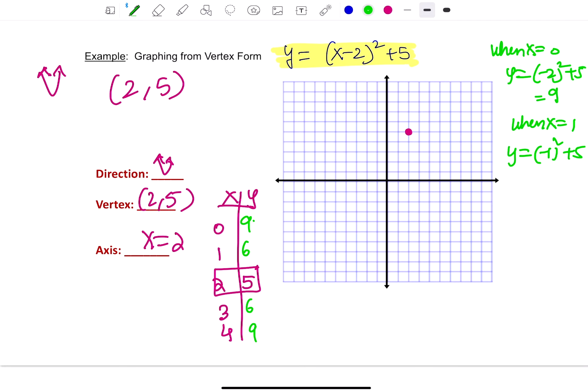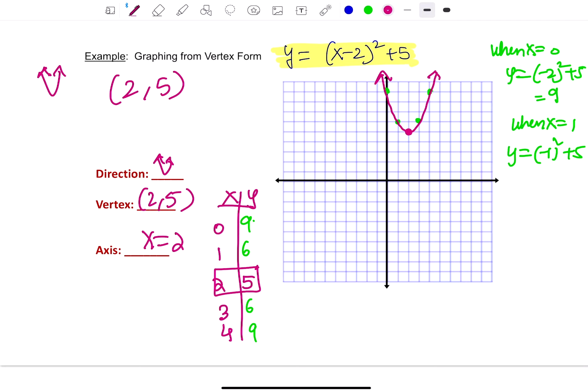Let's go ahead and mark these points. x is 1, y is 6. x is 3, y is 6. x is 0, y is 9. So that's how my parabola is going to look in this case.